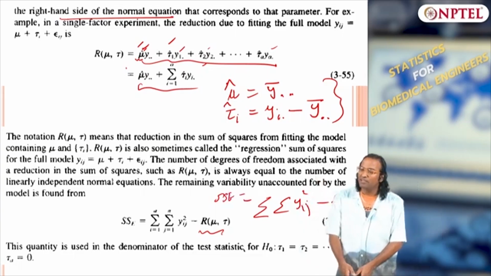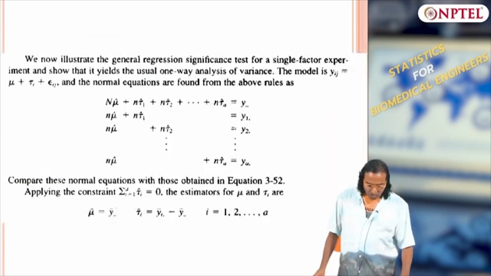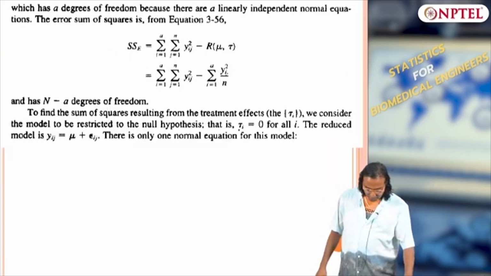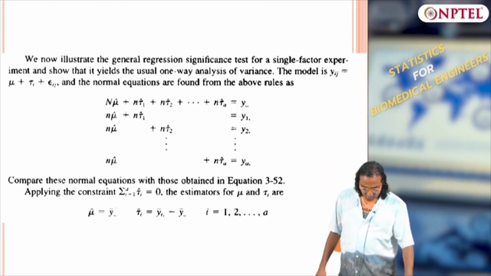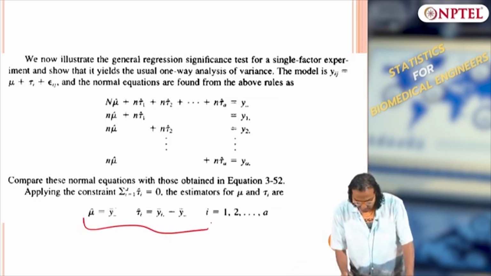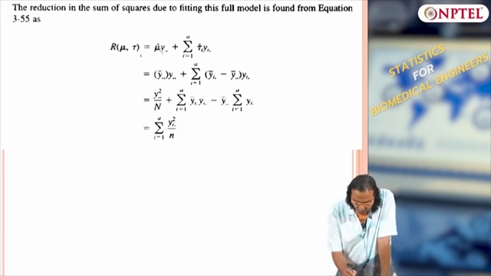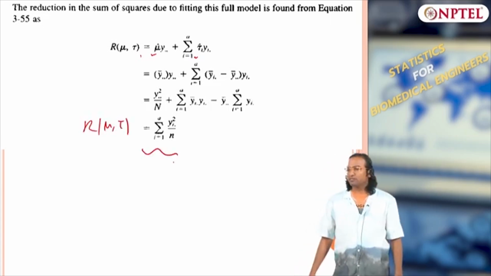So this is my sum squared error, clear. So I can expand on it. Remember, these are my estimates after applying the constraints. So I can substitute for mu hat and I can substitute for tau i hat and I can get what is known as R(mu, tau). These are simple simplifications, right.